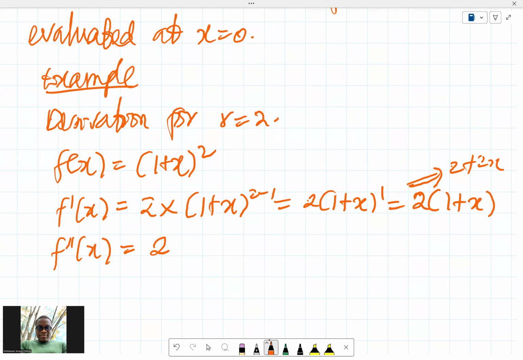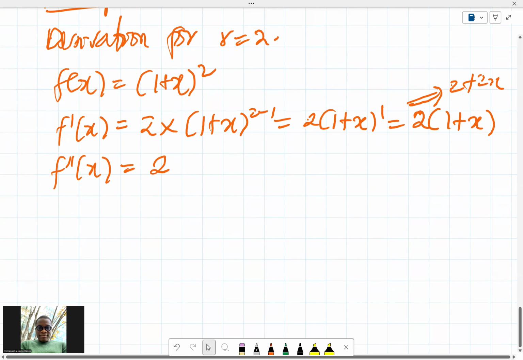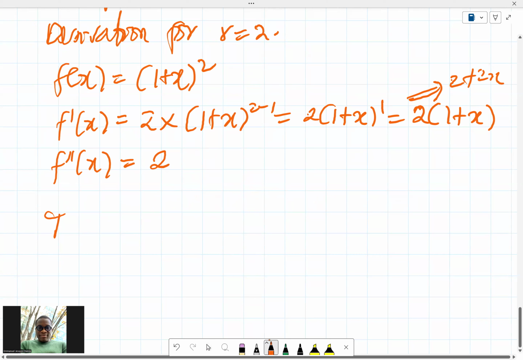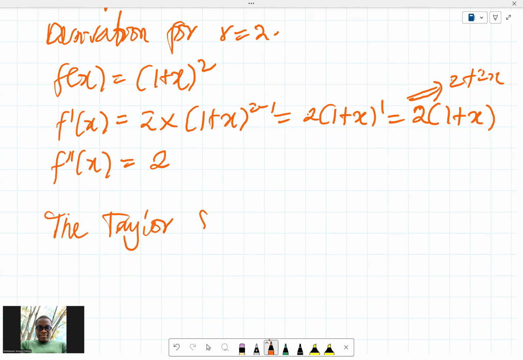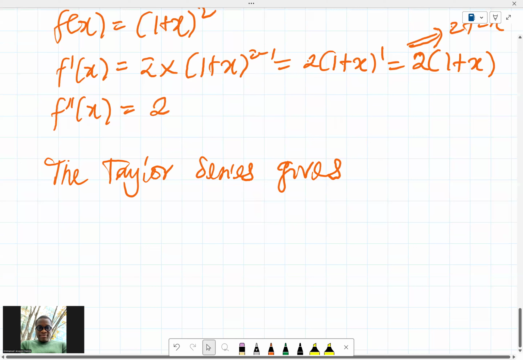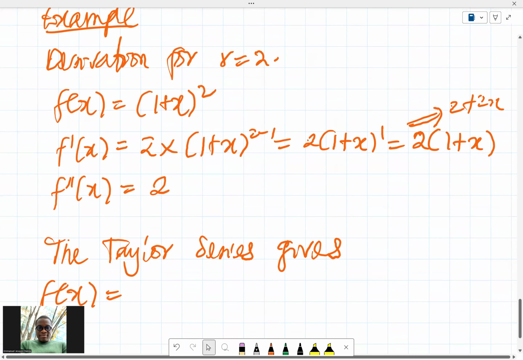So as a result of that, if we now form the Taylor series, it gives f of x equal to the normal thing we would do, right?